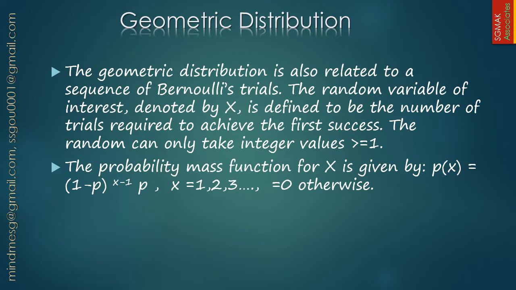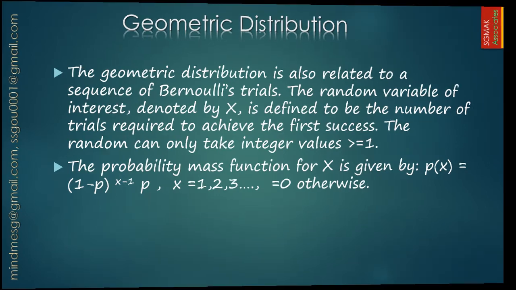The probability mass function for this random variable is given by p of x as 1 minus p raised to the power x minus 1, multiplied by p, and the random variable can take values 1, 2, 3, successive integers excluding 0.